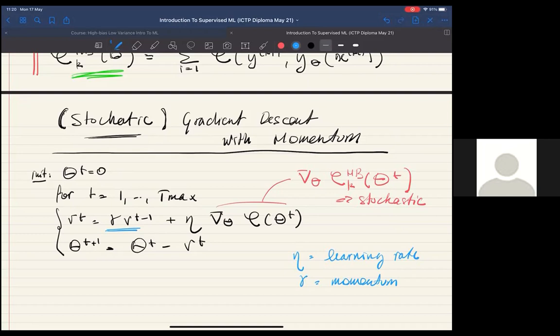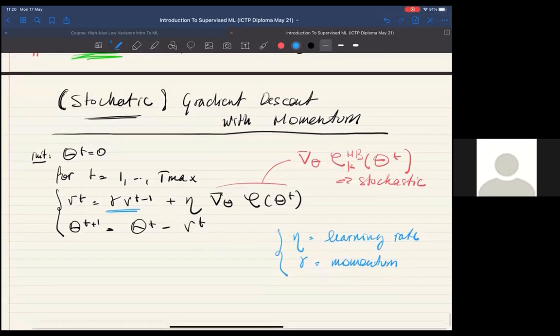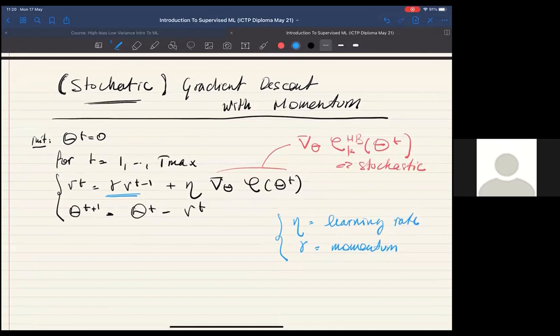Sorry, the inertia is the resistance to changing your direction, and the momentum is essentially your velocity times your mass. All right, so let's try to understand the analogy with physics.